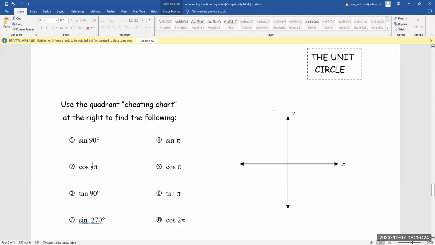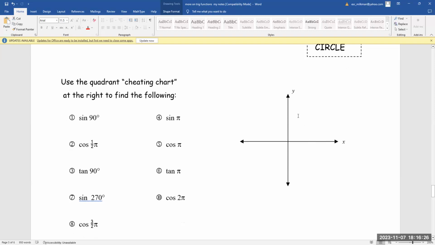So remember, in our cheating chart, we're going to consider a radius of 1, and points on the x-axis and points on the y-axis 1 unit away.